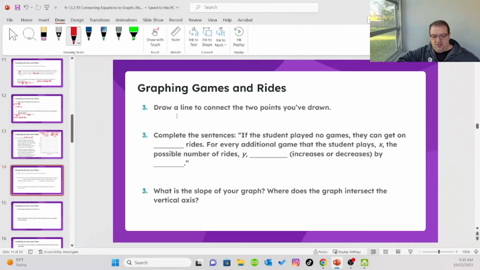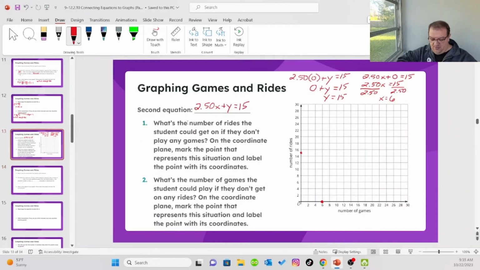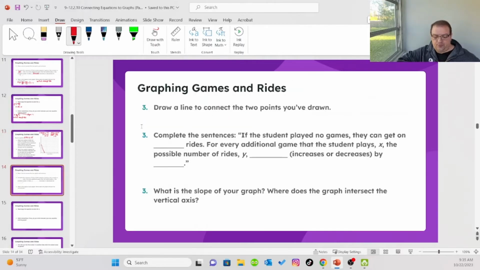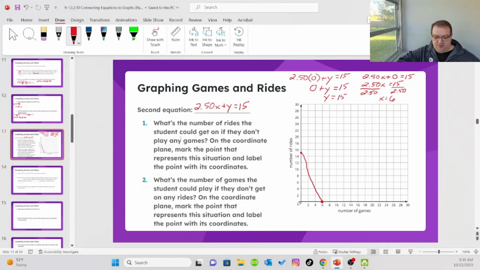Number 3, draw a line to connect the 2 points you have drawn. So I can start here and just draw a line connecting these 2. Complete the sentences. If the student played no games, they can get on blank rides.